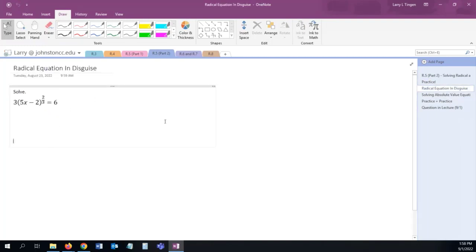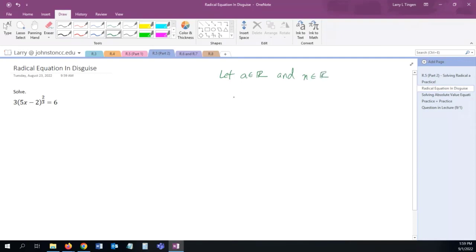All right, so here's that radical equation in disguise because I have fractional powers. So the rule says, just a little reminder: let A be a real number, and N be a real number.